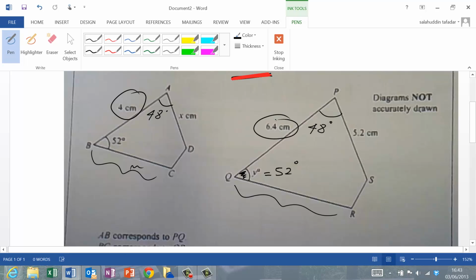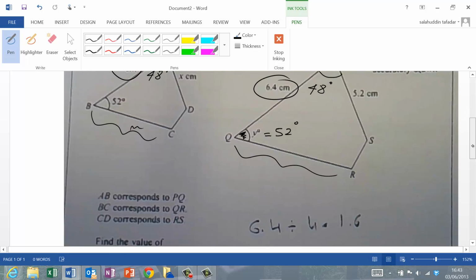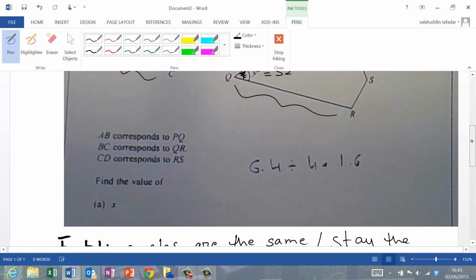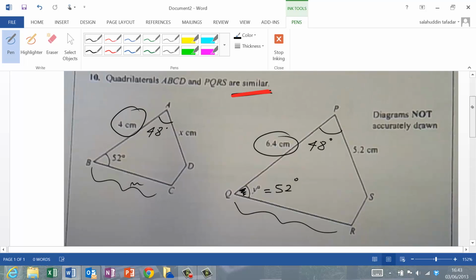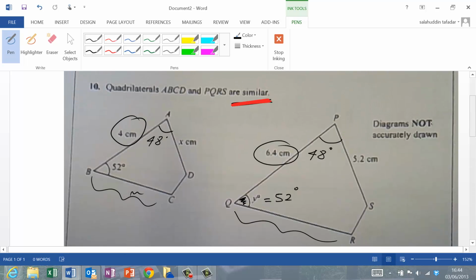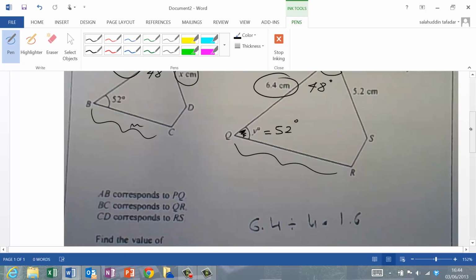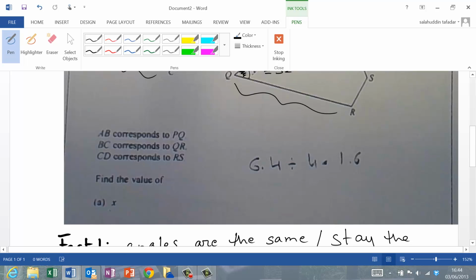That's what I mean by corresponding sides. If we read the question further, it says I need to figure out the length x. I want to find the value of x.